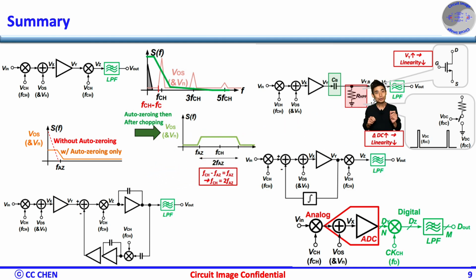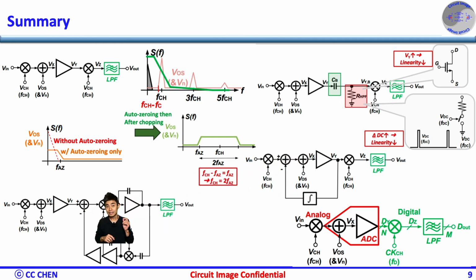Second, we could apply an AC coupling high-pass filter in the signal path to remove or block the DC offset easily, but we push the difficulty into a very low cutoff frequency high-pass filter in the signal path. Instead of doing that, we can try the third one, an analog integrator outside the signal path with a very low cutoff frequency.